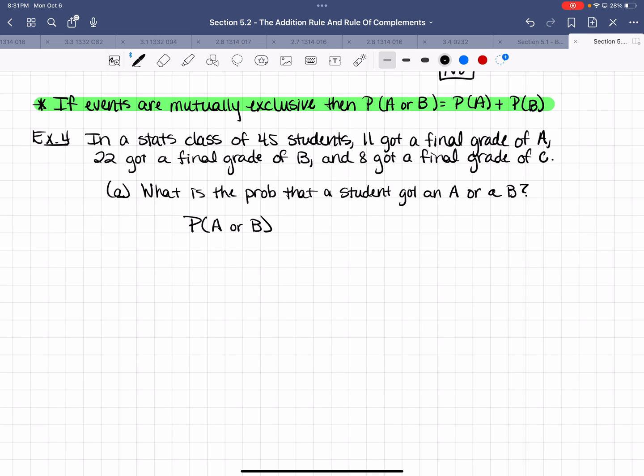So the first thing I need to ask myself is, are those events mutually exclusive? Yes, you can't get an A and a B for the same course at the same time.